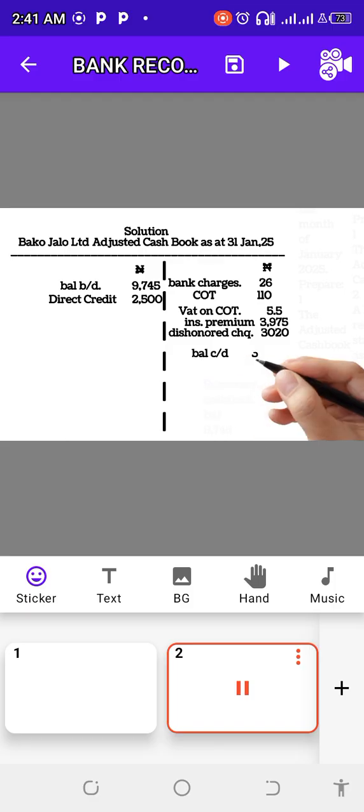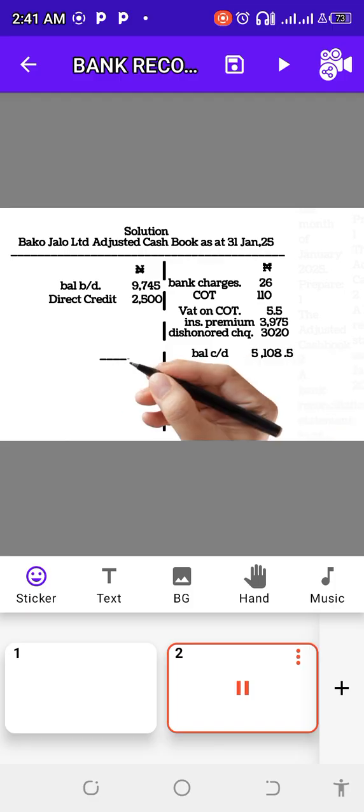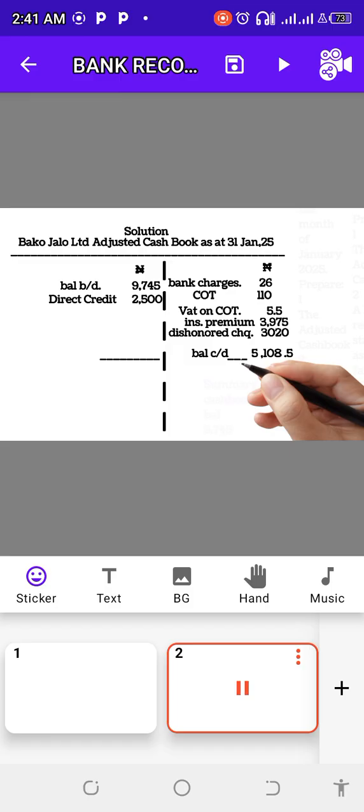Then we take the total, and we have the balance as 5,108.1, and the total is 12,250.